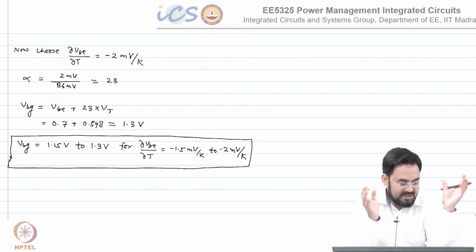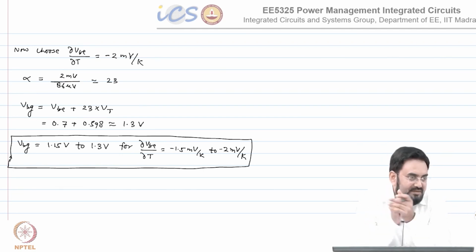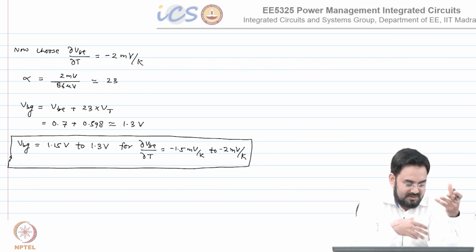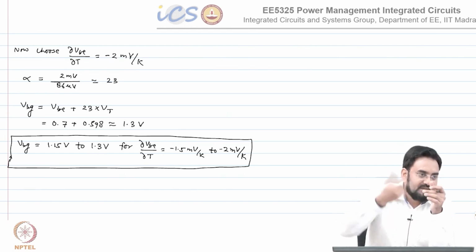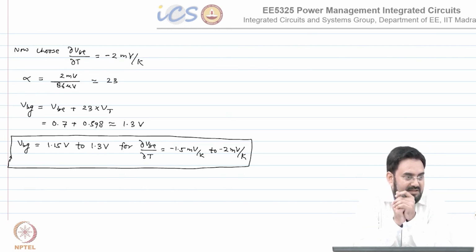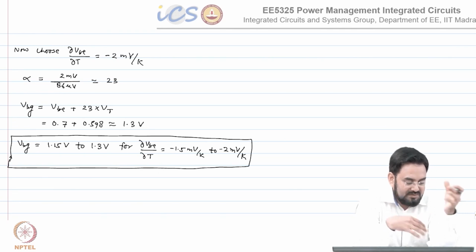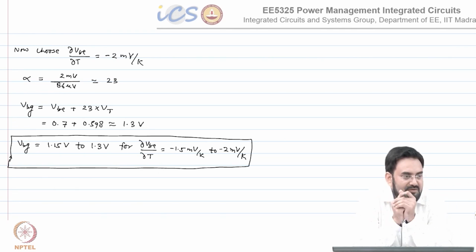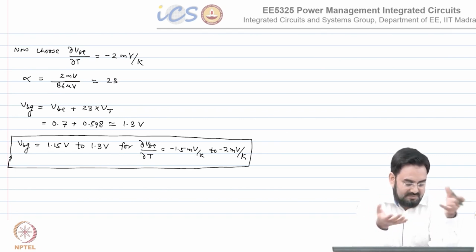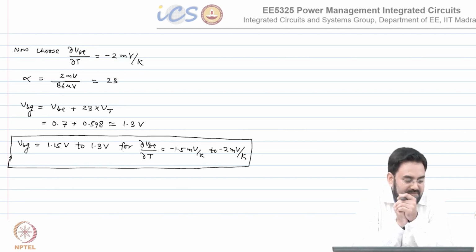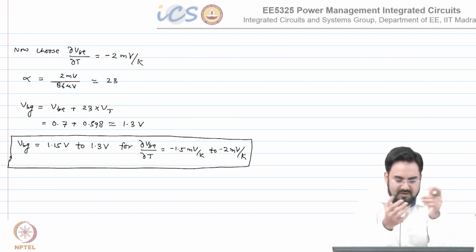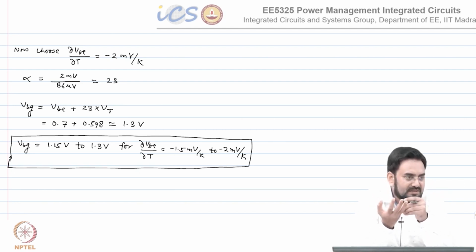So, you just use 0.7 volt there, and then you scale the VT or delta VBE by simply connecting a resistor and flowing delta VBE by R current into that, and you can scale those numbers, and you can match the coefficients or slope of your VBE and delta VBE and cancel them, and you get the reference. That was just one topology, and you can build numerous topologies as long as you know how to build a CTAT and how to build a PTAT.